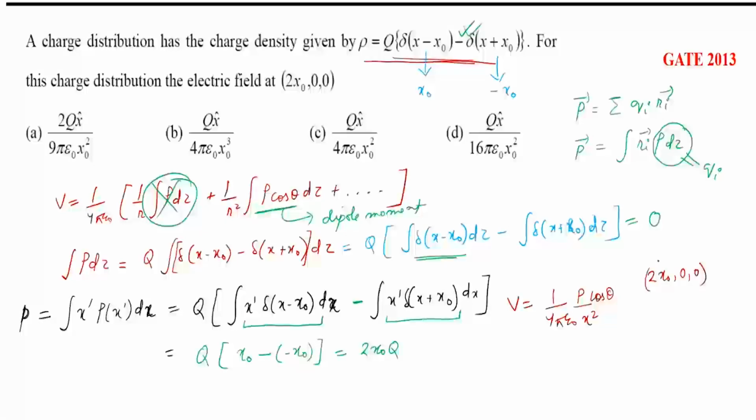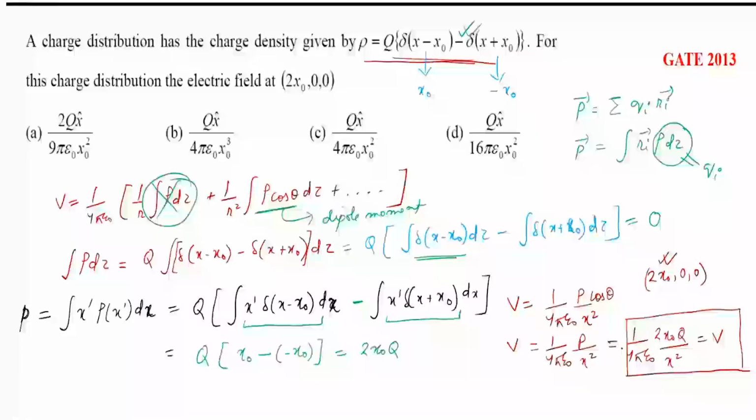So this is on the x-axis. So we can write 1 by 4 pi epsilon naught P by x square. Now substitute the value of P, that is 2x naught q divided by x square. Now you have got the potential.